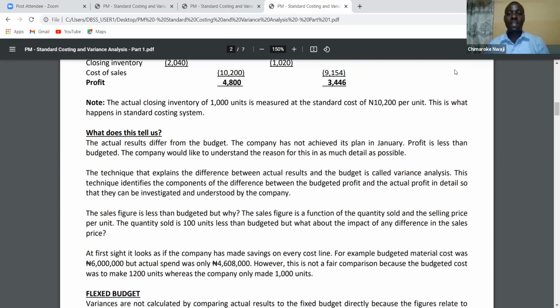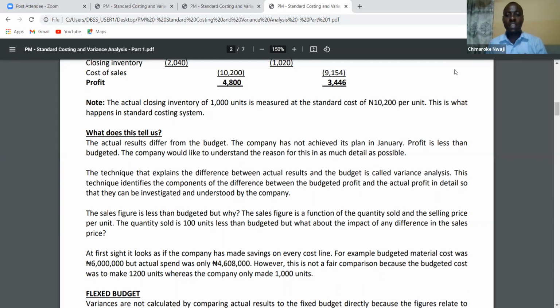And also the price at which it was actually sold is less than the standard price. So you see, you have identified sales revenue as a line item of variance. You're now investigating, why is the revenue not 15 million, but it's giving you 12,600,000?